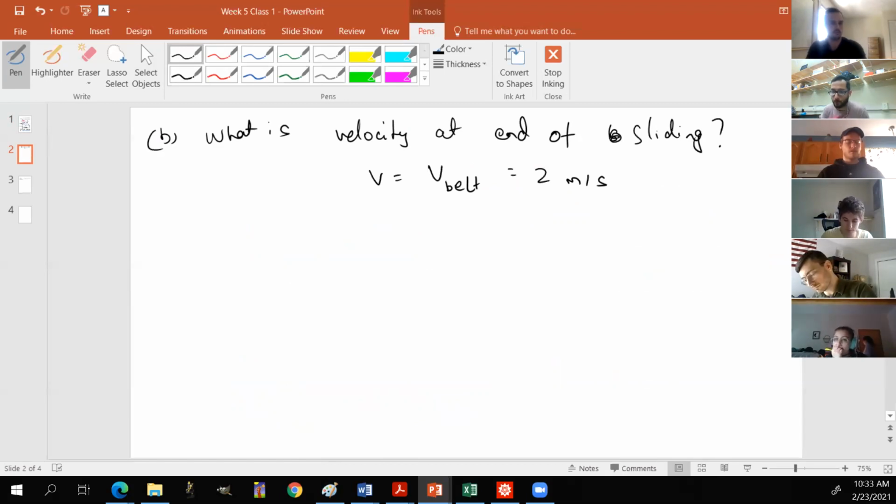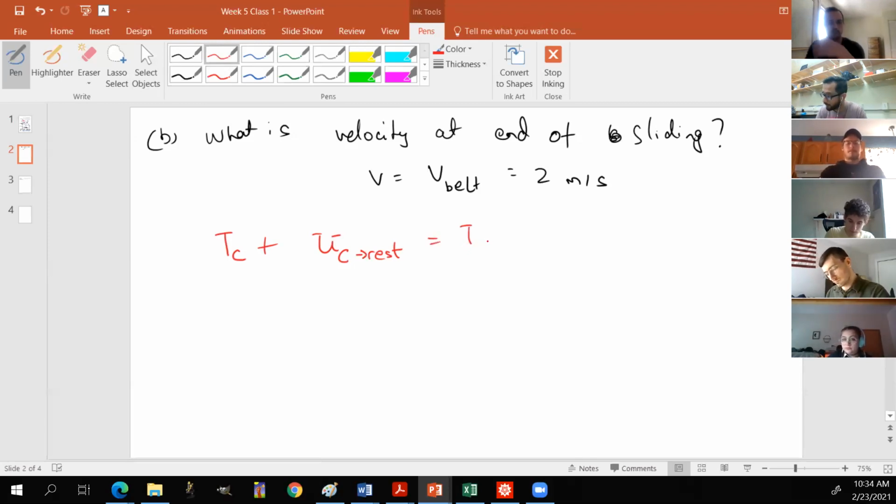Right, and again, we've already looked at the work energy principle. So we can write our expression straight off: kinetic energy at position C plus the work done moving from position C to, let's say, rest, is equal to your final kinetic energy.